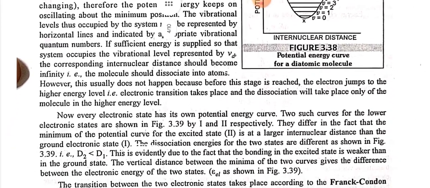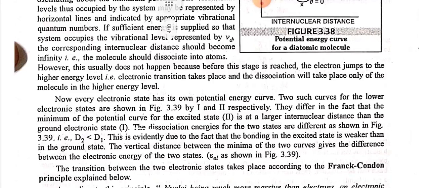If sufficient energy is supplied so that the system occupies the vibrational level v' equals infinity, the molecule should dissociate into atoms. However, this usually does not happen because before this stage is reached, the electrons jump to a higher energy level, that is, electronic transitions take place, and dissociation takes place only from a molecule in a higher energy level.